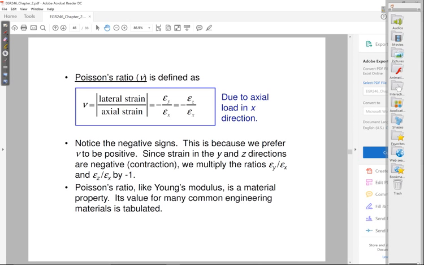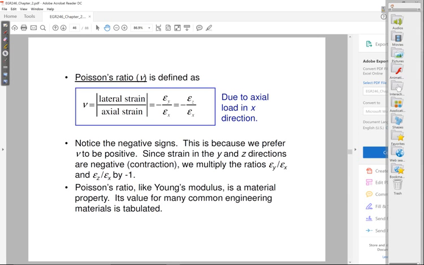So the reason that we put in these absolute value signs is because without the absolute value sign, if you were to stretch the part in the x direction, your axial strain would be positive, and then because it contracts in the y and z directions, the strains in the y and z directions will be negative. And that ends up giving you a negative value for Poisson's ratio, which is fine, but a lot of times we don't like having negative quantities for a material property.